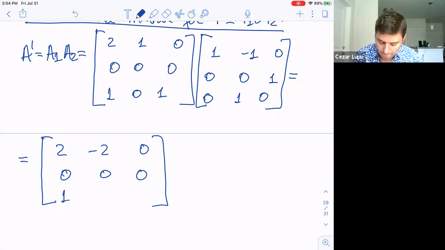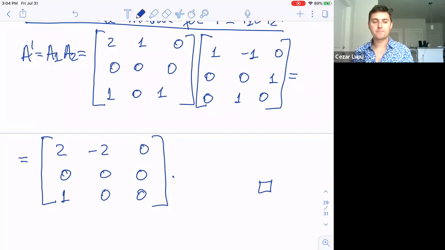One, 0, 0. Anyway, that's pretty much it. Right? Is it clear? So it's just the multiplication, and that's it.